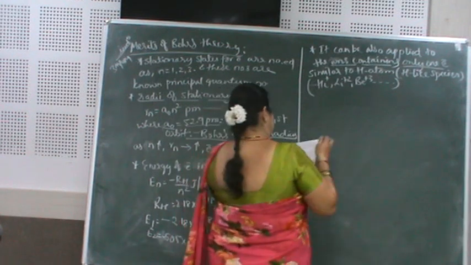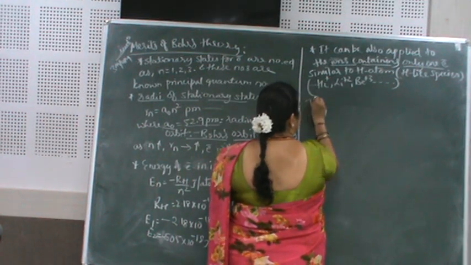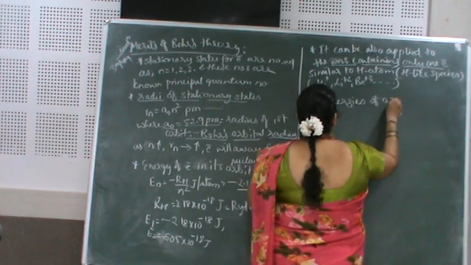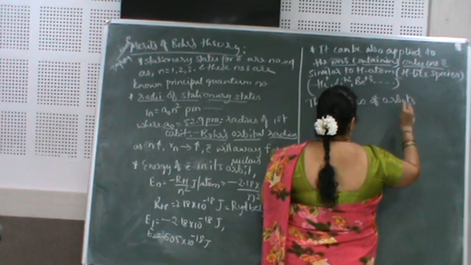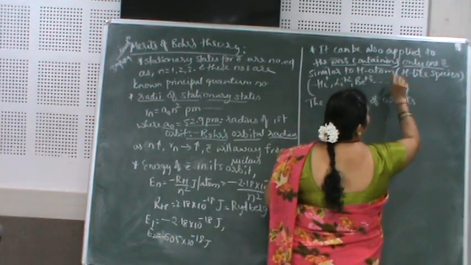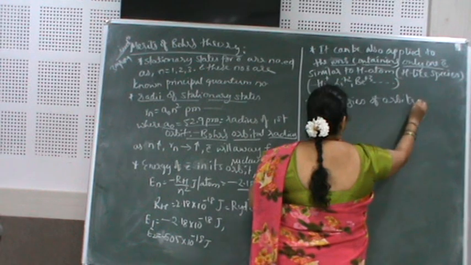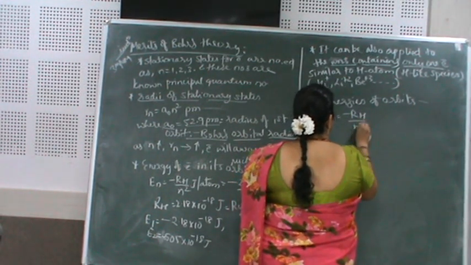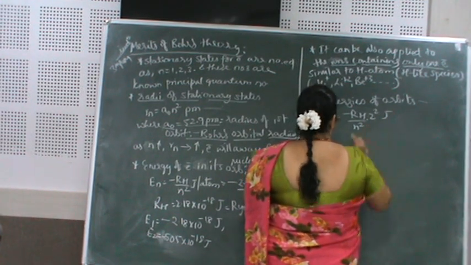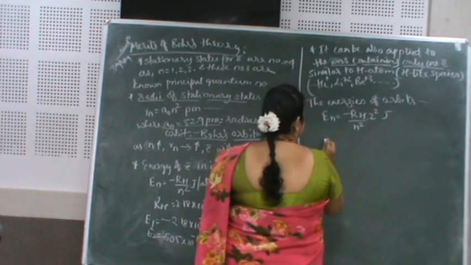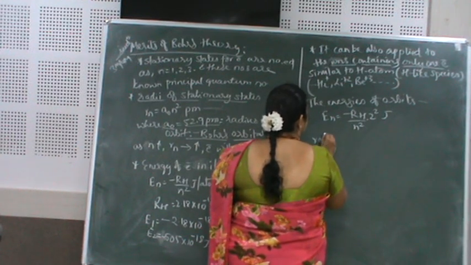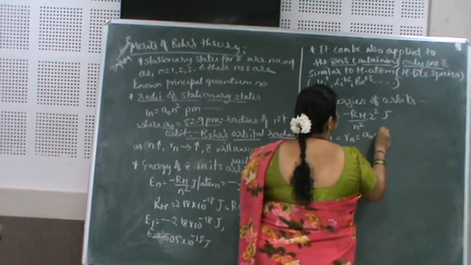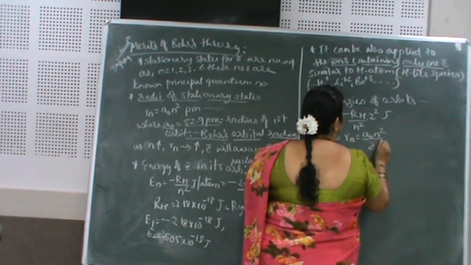Now the energies of orbits associated with electrons in these hydrogen-like species is given by En is equal to minus RH divided by n square into z square joules, and the radii of these orbits is given by Rn is equal to A0 n square divided by z picometers.